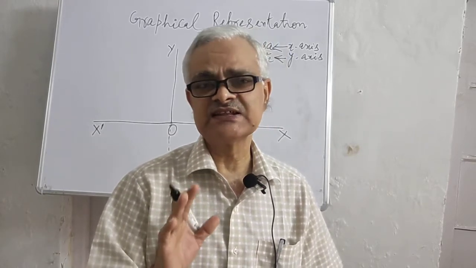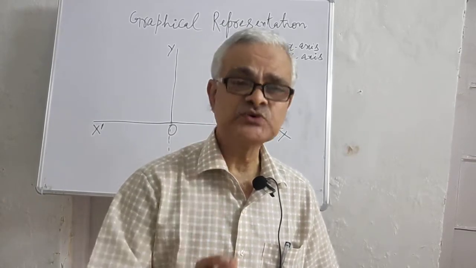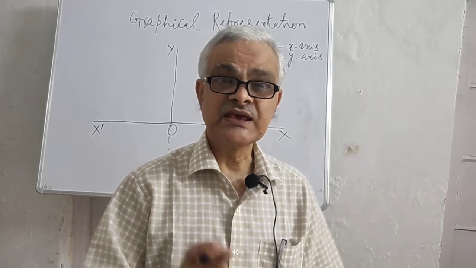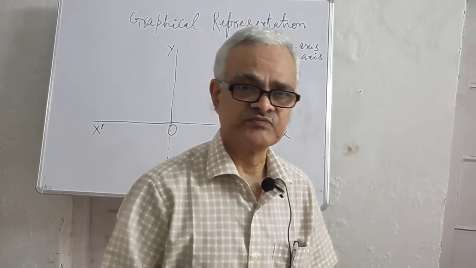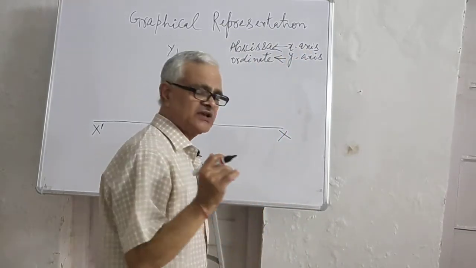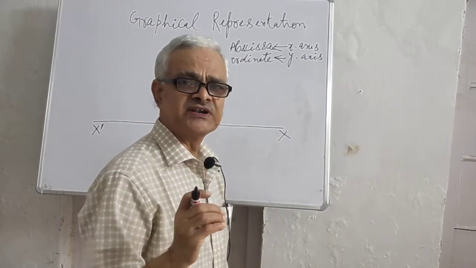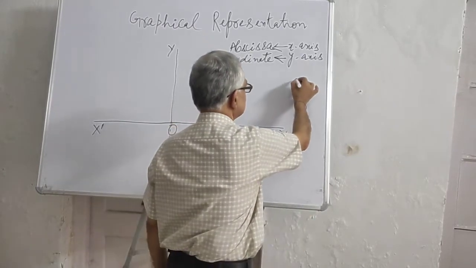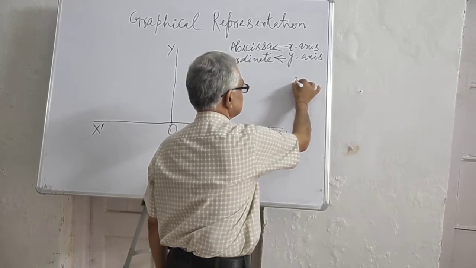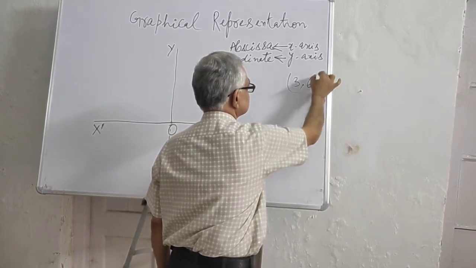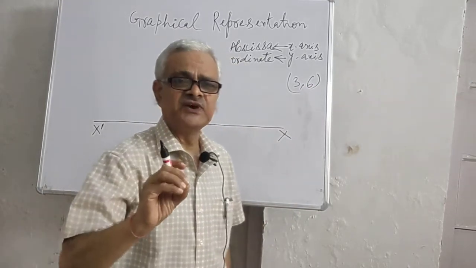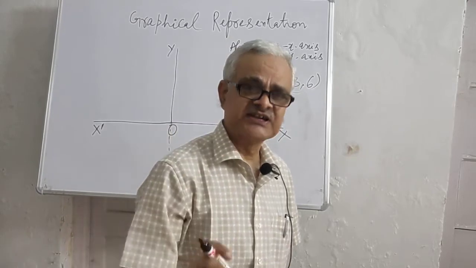So firstly we shall try to understand a point in the coordinate system. Whenever we talk about the point in a coordinate system and suppose we write 3 and 6 anywhere in terms of coordinate system.